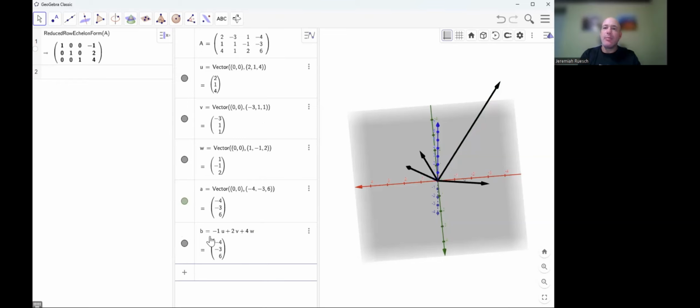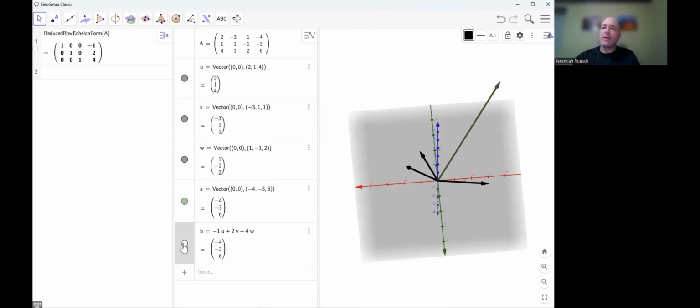And so you see B and A are exactly the same component-wise, -4, -3, and 6, which is exactly the fourth column of our matrix. So what this is saying is that it's a linear combination, what we'll call a linear combination.